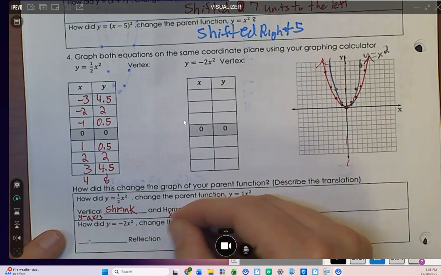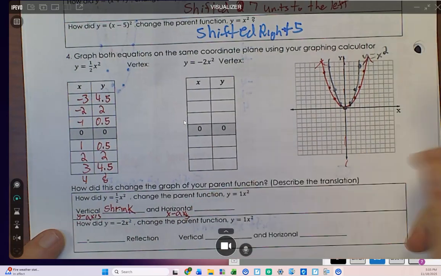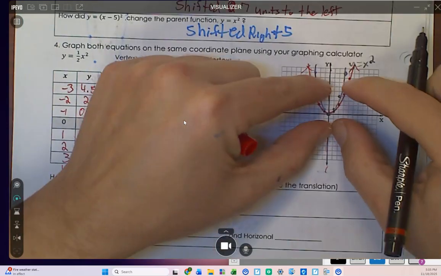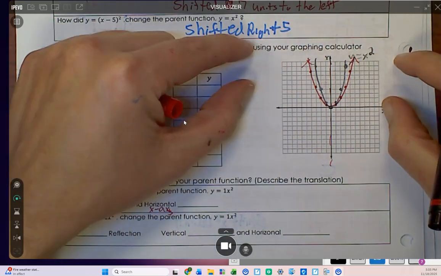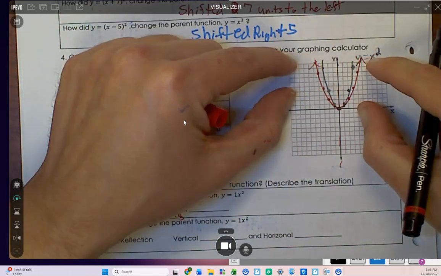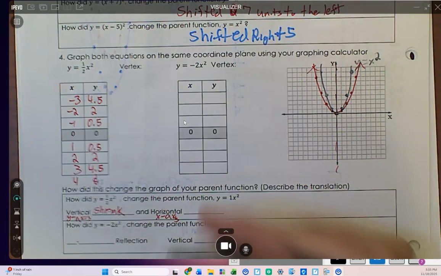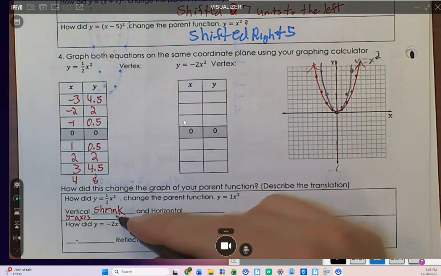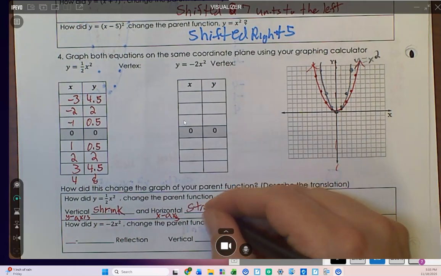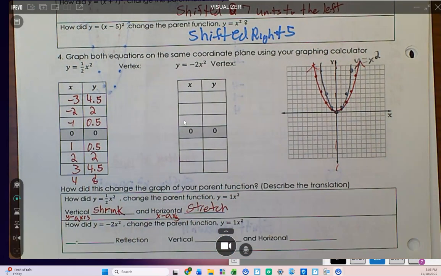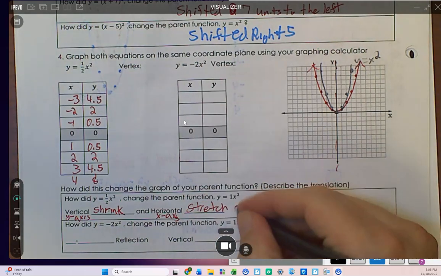Okay, what's happening to the x-axis? If I had a rubber band and I took the parent function and I stretched it out like that, it would look like that red line. So they call that a horizontal, it's the opposite. It's a horizontal stretch. And it's mainly because A is a half.